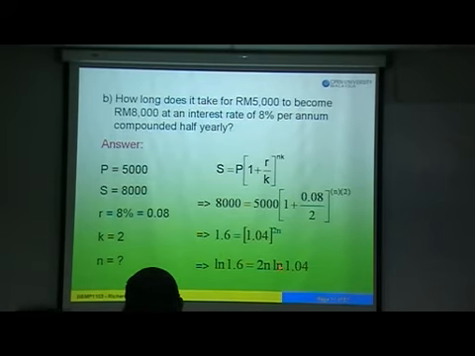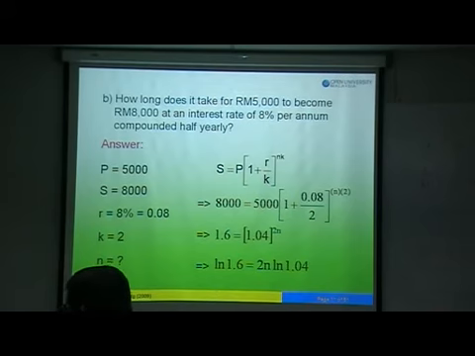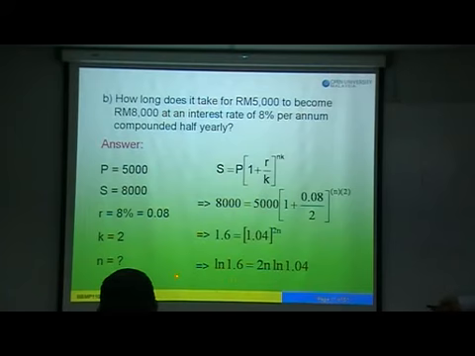2n log 1.04. So what do we do next? Use calculator to calculate ln 1.6, so try to punch it in your calculator. Before we find n, we need to find 2n. So this log 1.04 we bring to the left.